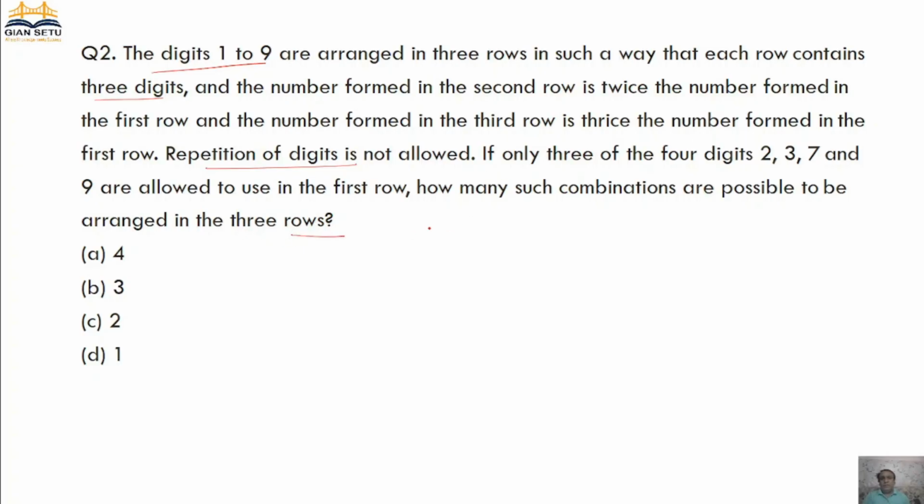Now in this question we need to find the number of combinations which meet the following criteria. First is that the digits 1 to 9 are arranged in 3 rows. That means each row consists of 3 digits, right?